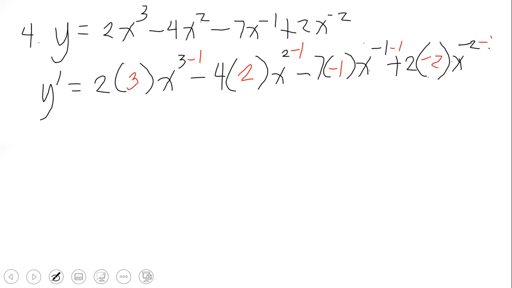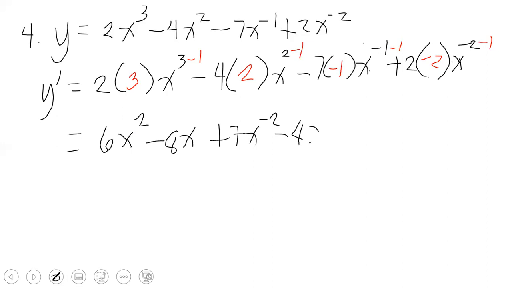Tapos minus 1. So simplify po natin yung terms which is 6x squared minus 8x raised to the 1 power plus 7x raised to negative 2 minus 4x raised to negative 3.